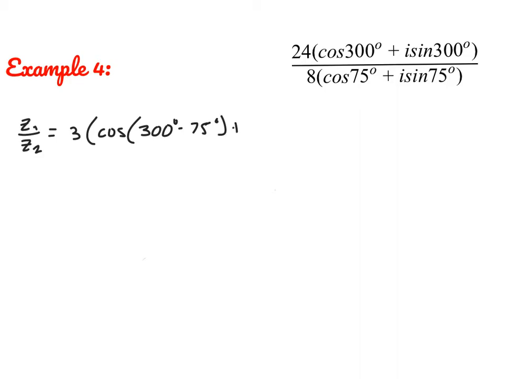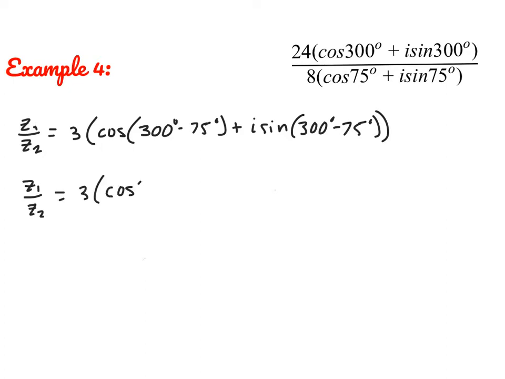This might be something you can do in your head, but I just want to show all of the steps for now. So we have 3 times the cosine of 225 degrees plus i sine of 225. So this is just going to be 45 degrees in quadrant 3.